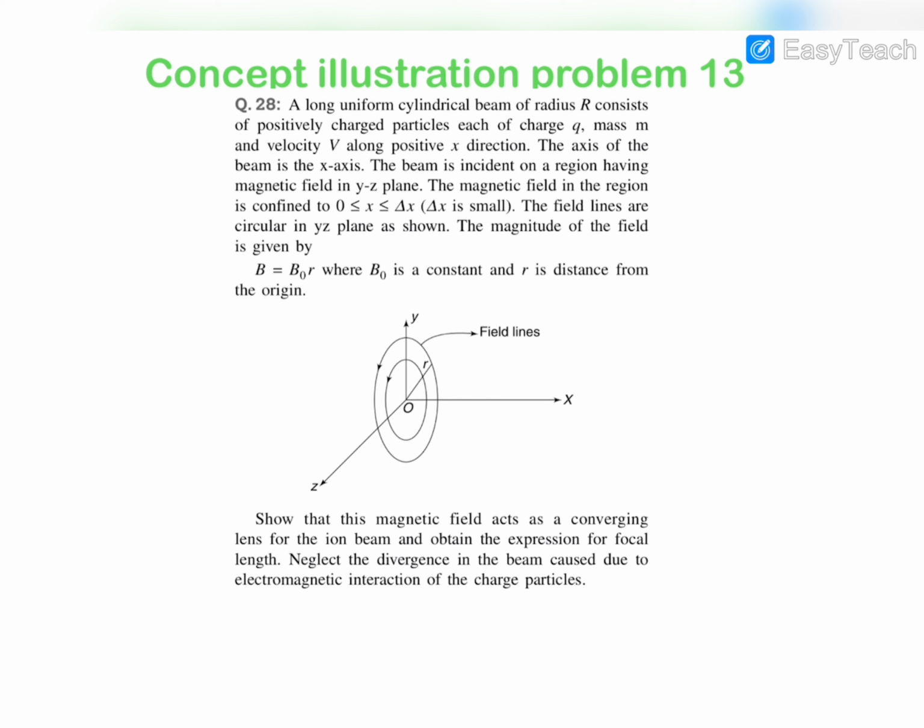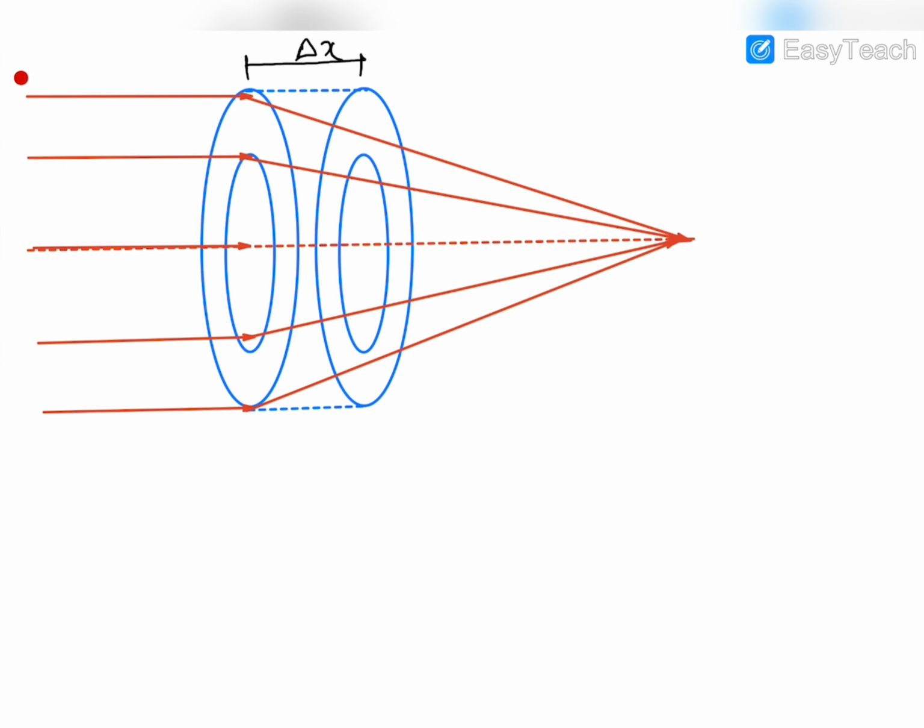The ion beams are moving with some velocity v, like that. This is the extension of this magnetic field region, and the ion beam is moving with some velocity, which is represented by these red lines.